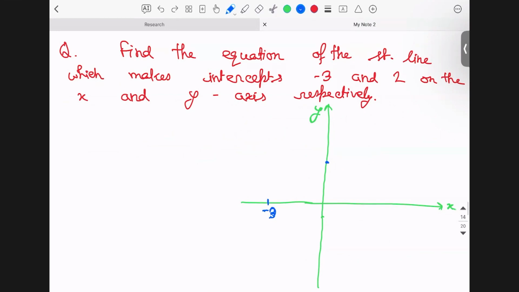Now the y-intercept and x-intercept mean that along the axis we go 2 steps or -3 steps. So the coordinate of this point will be (-3, 0), and this coordinate is (0, 2). So from here we have obtained the 2 points on this straight line, right? So if I draw the straight line, how does it look like?